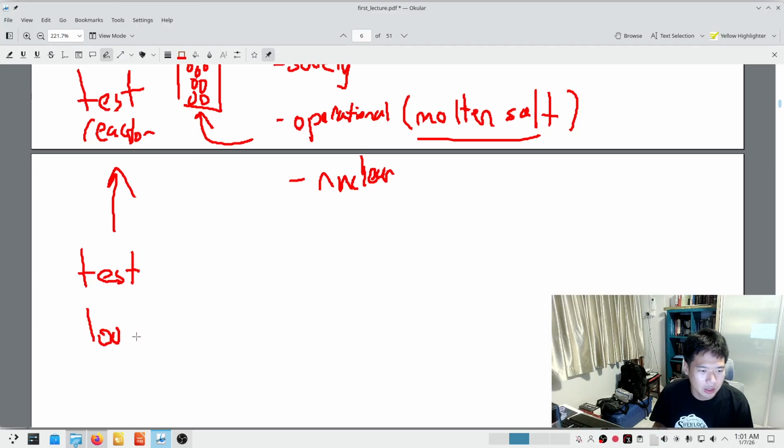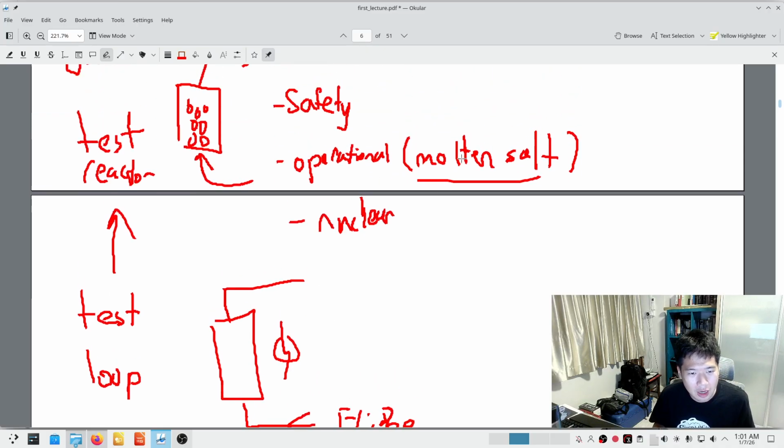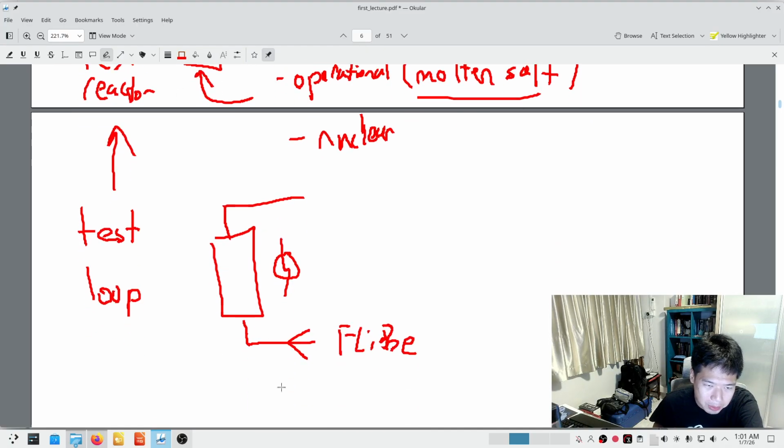We call it a thermohydraulics test loop. Maybe you just have an electrical heater, and then you pump molten salt, you pump the fluid through the heater, so that you can understand how molten salt behaves with the structures, the corrosion, and all the other problems with the pumps.